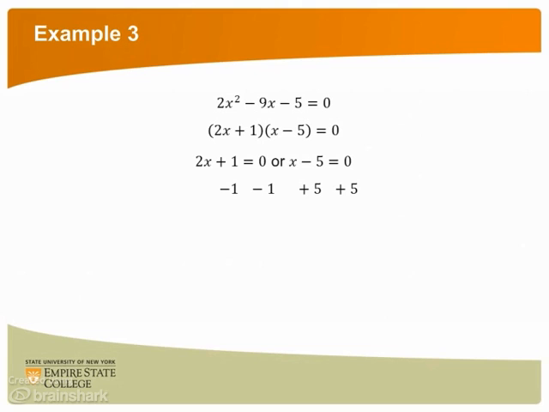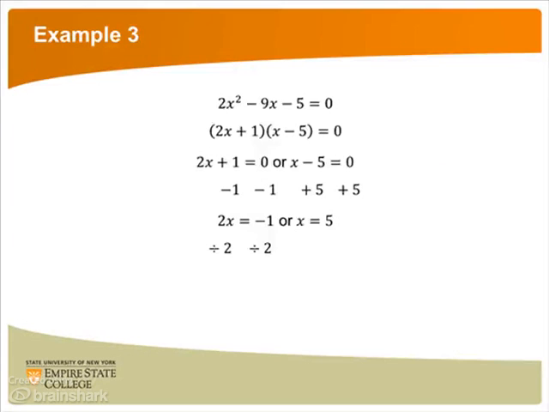Now we work to solve each equation. The second equation is simple to solve. Just add 5 to both sides of the equation. The first equation requires a couple of steps to solve. First, we subtract 1 from both sides. This leaves us with 2x equals negative 1 from the first equation, and our solution of x equals 5 for the second equation.